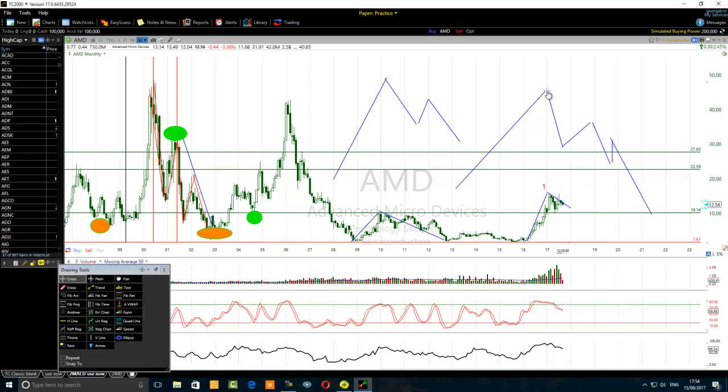So though we have 1, 2, 3, 4, 5, the price structure is 1, 2, 3, with the third part being subdivided into a correction.